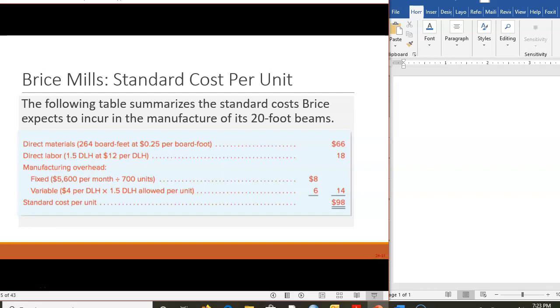Our direct labor is 1.5 hours at a rate of $12 per hour, giving us a standard cost of $18. And then we already talked about the fixed and variable overhead calculations. So our standard cost per unit is $98. And anything that happens over the time of production that doesn't turn out to be $98 is a variance from our standard.